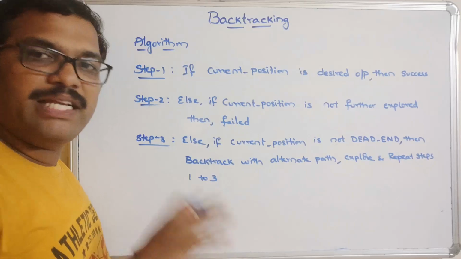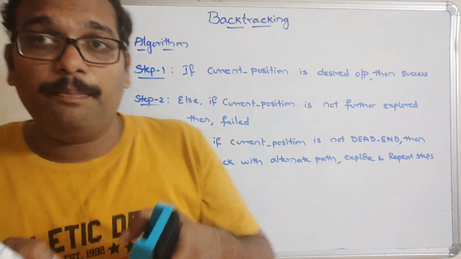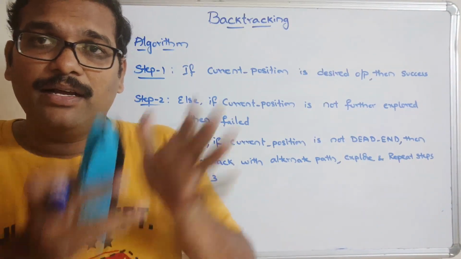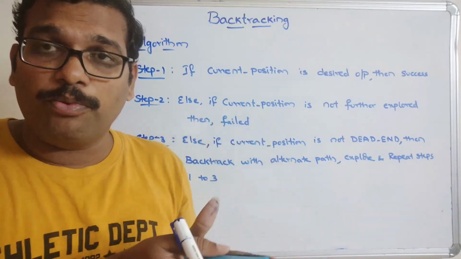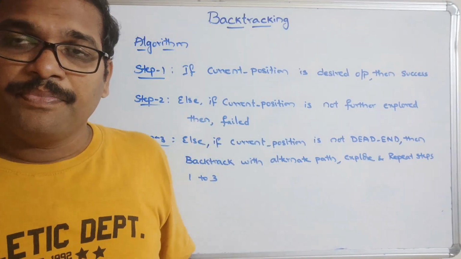So again we have to repeat the same process. So one is if the current path or current position is the solution, that means a desired output, then we can stop, it is success.